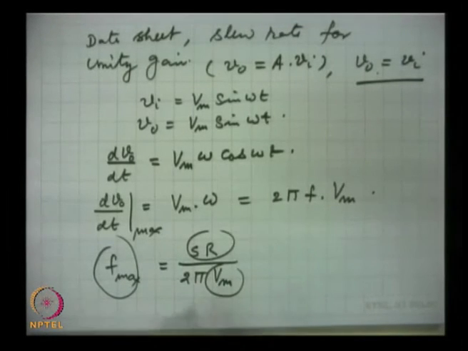If we exceed that frequency, then for example, a sinusoidal signal will appear as triangular at the output, a distorted signal will appear.